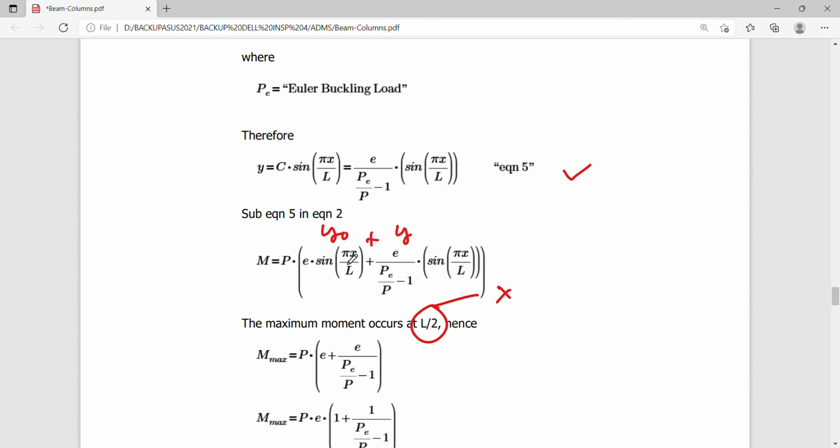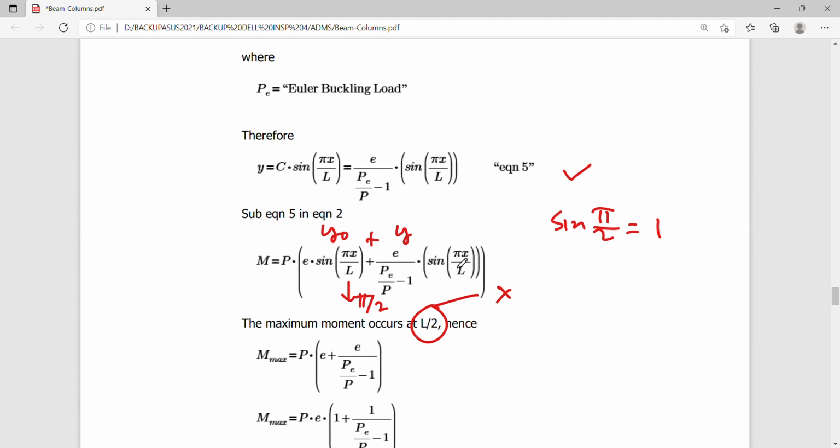That's why this becomes pi over 2. Okay, the sine of pi over 2 is 1. Okay, 90 degrees. Sine of pi over 2 is 1.